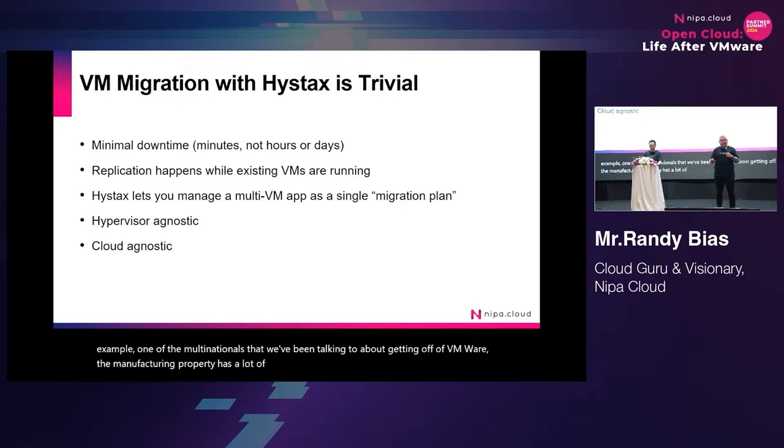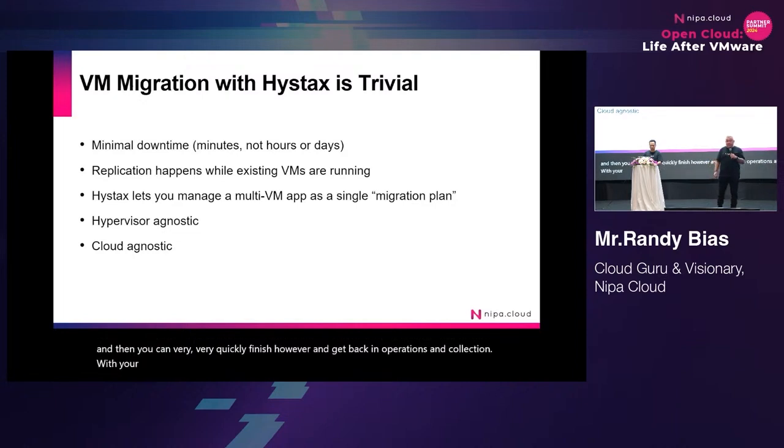Their challenge is they can't shut down a lot of those servers because the manufacturing plant stops. So they have to pick a time and place that works for the manufacturing process. So you can tee things up. You can be ready to go by using something like Hystax until you have an open maintenance window, and then you can very, very quickly finish the cutover and get back in operations and production with little or no downtime at all.